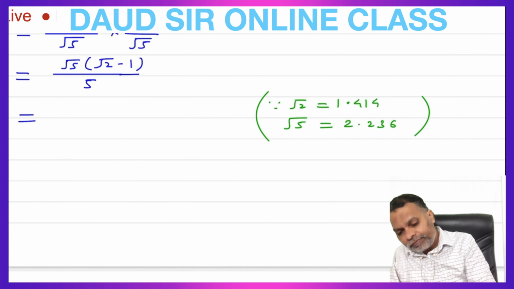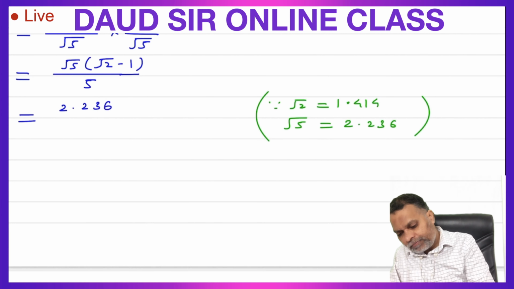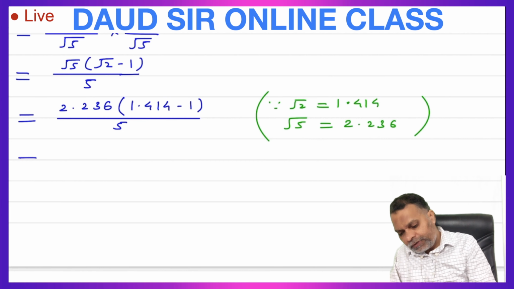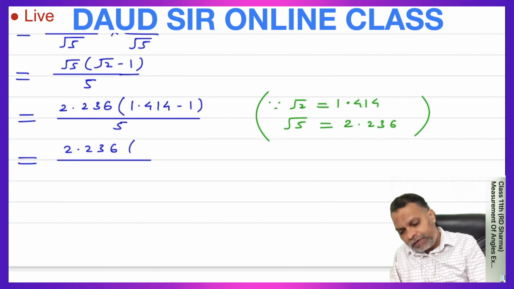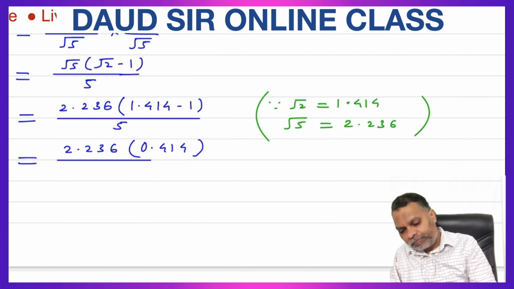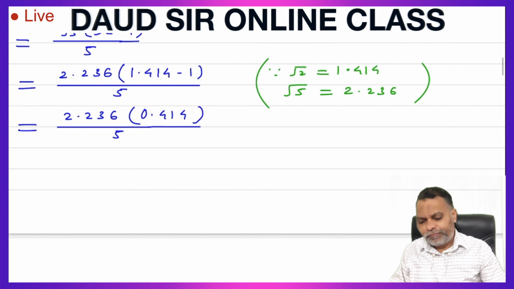Root 5, 2.236, root 2, 1.414 minus 1, divided by 5, which is equal to 2.236, and subtract this 1 from this, so 0.414 upon 5. Now multiply the numerator.